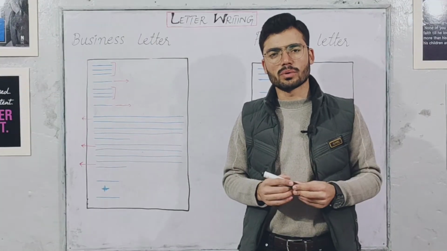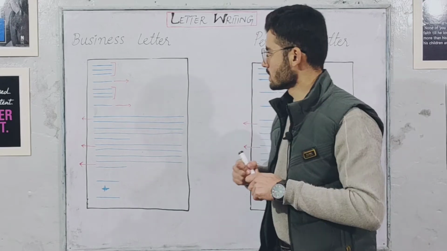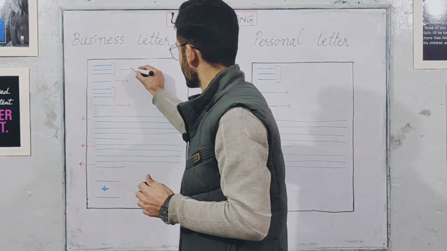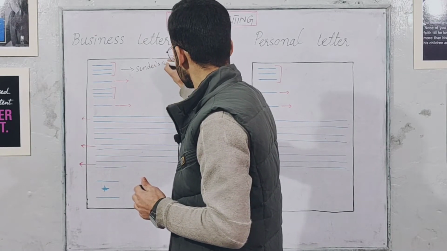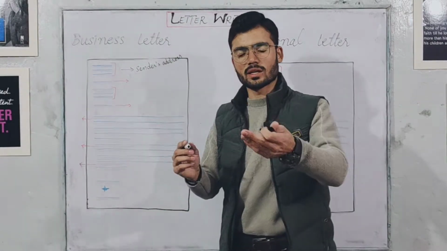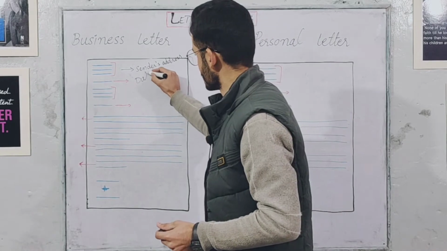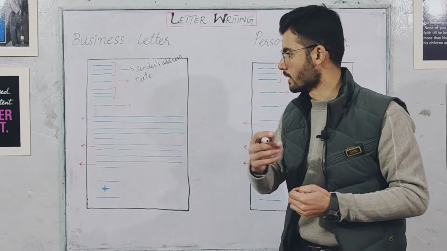Now I will tell you the comparison between the business letter and the personal letter. So basically, in the business letter, we have first of all the sender's address, the one who is sending. Second thing is the date of the day on which you are sending your letter.